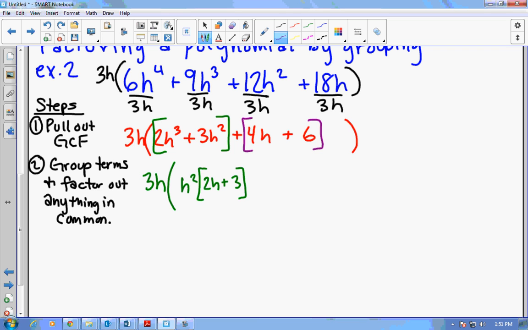Okay. Dylan Gardner, what does our second group have in common? Four h plus 6. Do they have a greatest common factor? Everyone's saying random things.